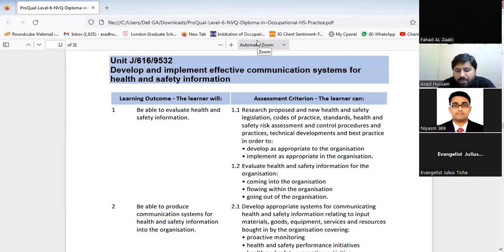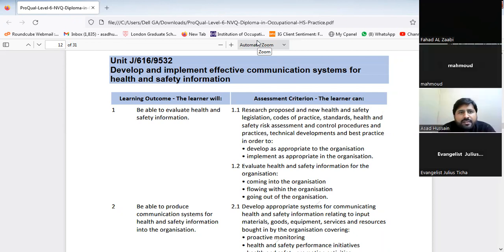It should be a document which can help you in the current situation. Yes, I have the updated one, and even in our organization, we make it a procedure, because these are legal requirements and we have to follow them. And you are using that in your organization for health and safety information. Yes. Okay, that's fine. Yes, Mahmood.